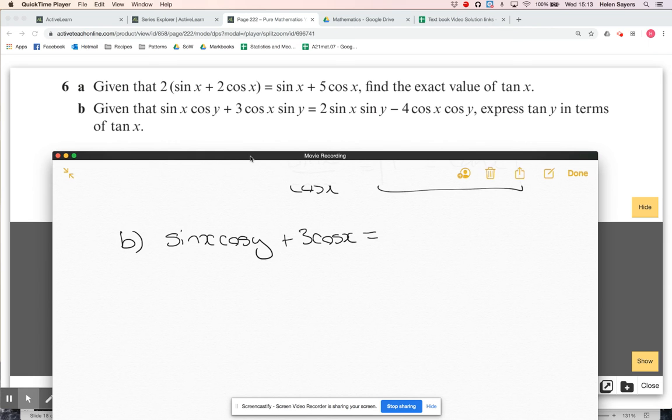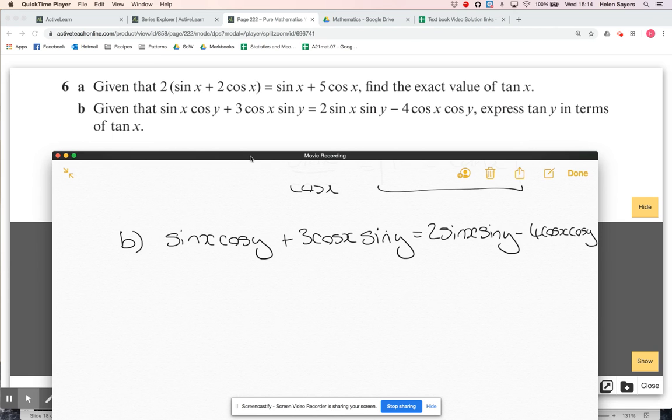So that equals, oh no, I missed a bit off that. So 3 cos x sine y, and then that all equals 2 sine x sine y minus 4 cos x cos y.